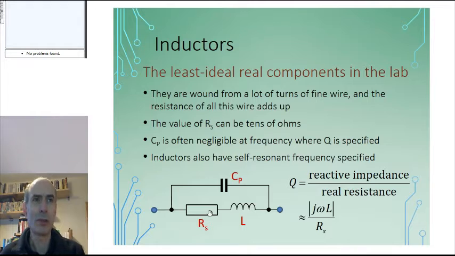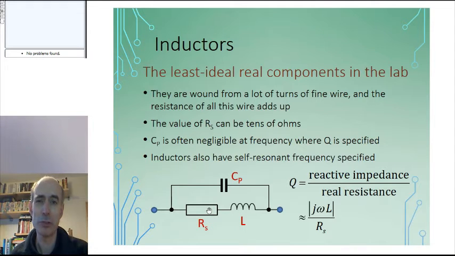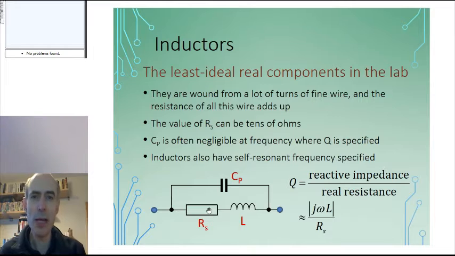What's rather more concerning, and which doesn't really fit into this model that well, is that resistor tends to be a function of frequency as well. And it's a function of frequency in a way that cannot easily be represented by a set of discrete components like this, because its value tends to increase as the square root of the frequency, due to something called the skin effect.